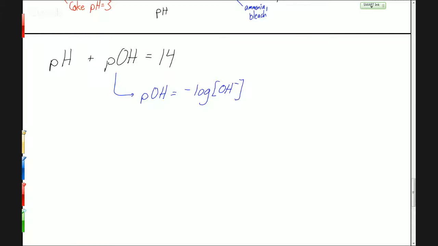And as we said, those two things are related. So if you know the pH, you can also find the hydronium ion concentration. If you know the hydroxide ion concentration, you can find the pH, and you can keep going back and forth using these methods. So for instance, let's look at an example problem.